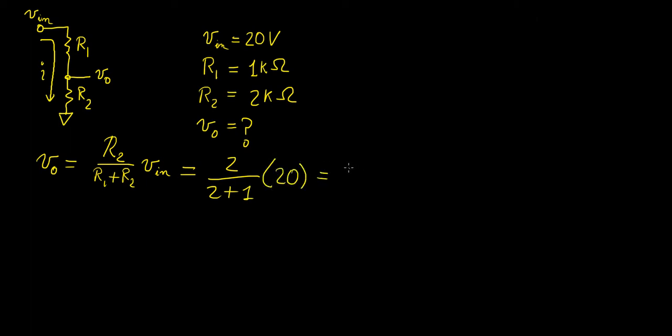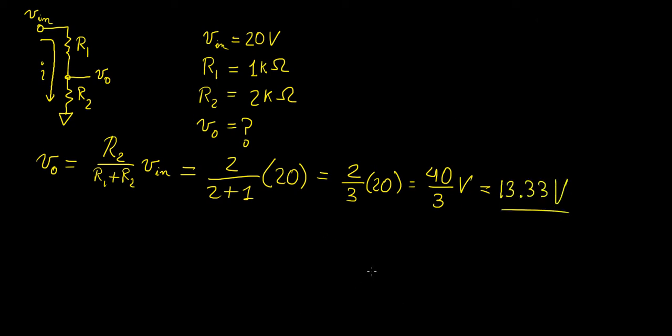That's 2 on 3 times 20, which is 40 on 3 volts, or approximately 13.33 volts. We can see that even though there's a 2-to-1 ratio between the two resistors, the voltage coming out from the middle is pretty much 2/3 of the input voltage.